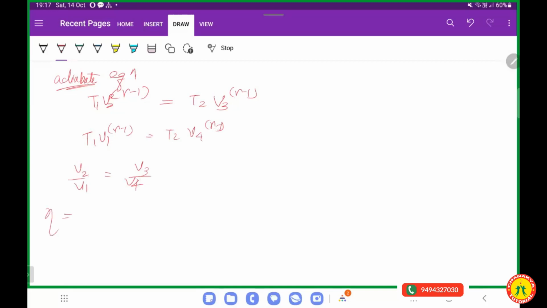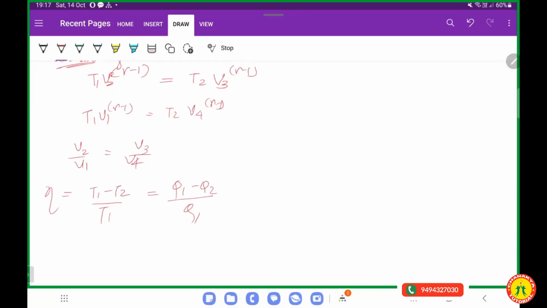So efficiency equals (T1 minus T2) by T1, or (Q1 minus Q2) by Q1, or we can say 1 minus Q2 by Q1, or 1 minus T2 by T1.